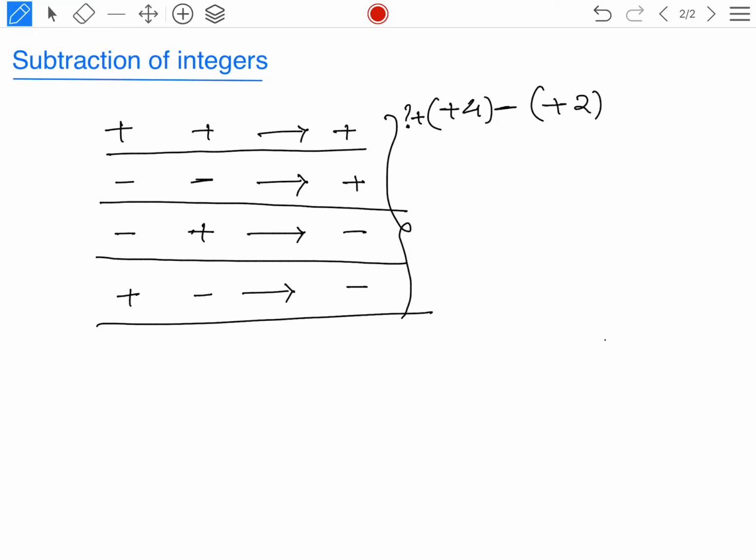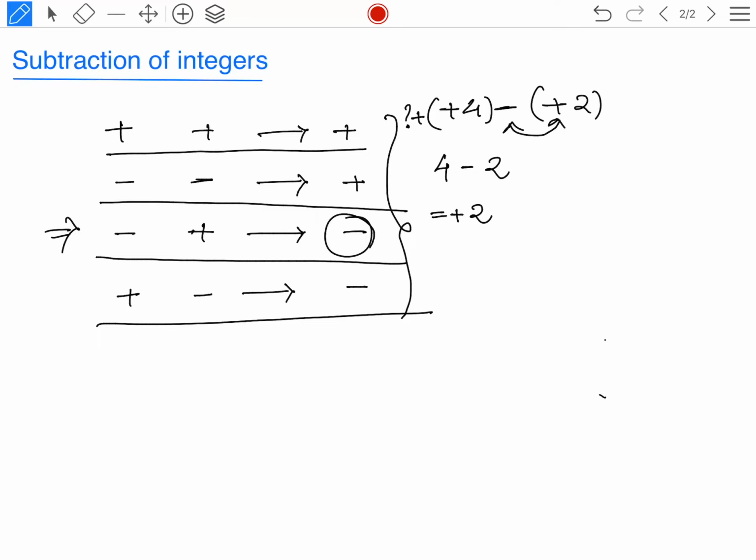So see, first one, plus and plus, we know that it is plus. Second one is minus and plus, what will happen? Minus and plus, what do we get? Minus, yes or no? So we'll write here minus and 2. 4 minus 2, how much? 2. But nothing is written, that means there is a plus here. So the answer is positive 2.